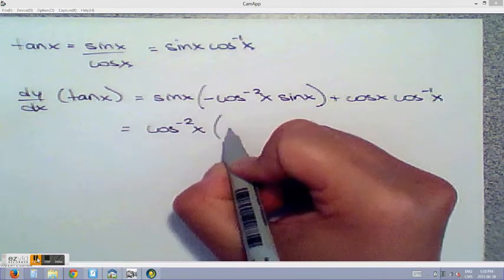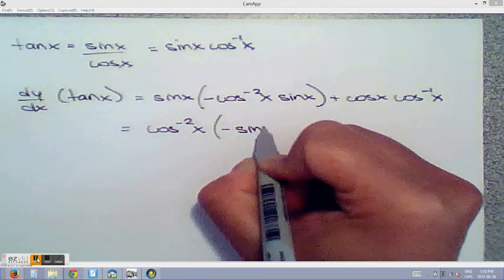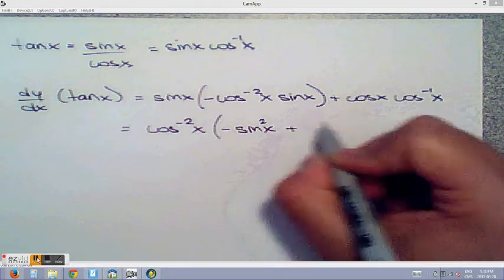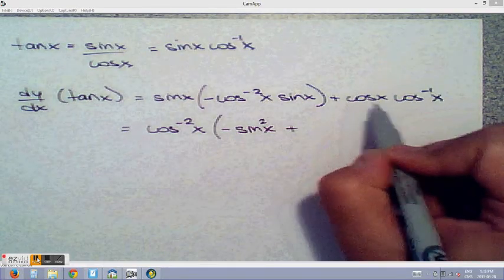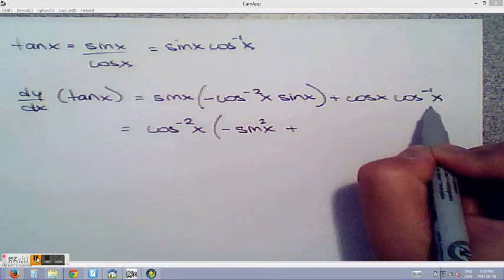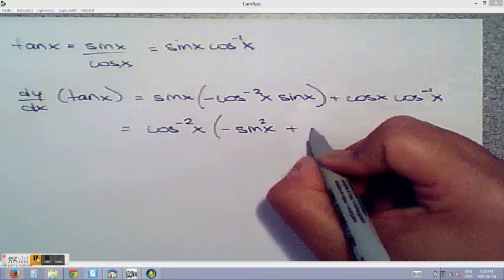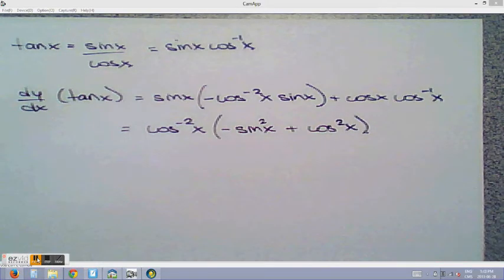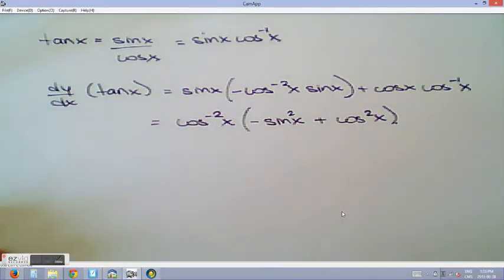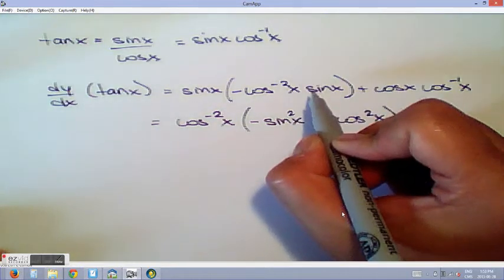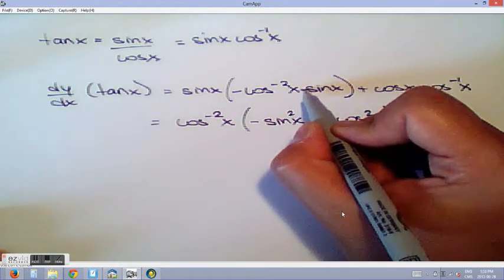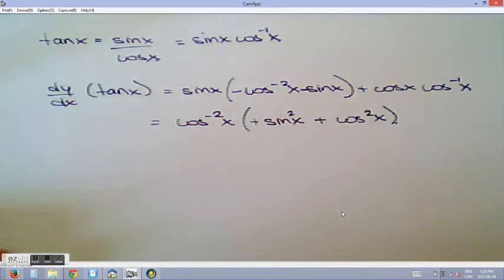I'm going to multiply in, so I have negative sine x squared, plus cosine x, and then when I factor out a negative 2, I'm going to be left with another cosine x, so I'm going to have cosine squared x. One other thing to note here is there is a mistake, so that should be a negative sine of x, which makes this a positive. There we go. That should work out much nicer for us.